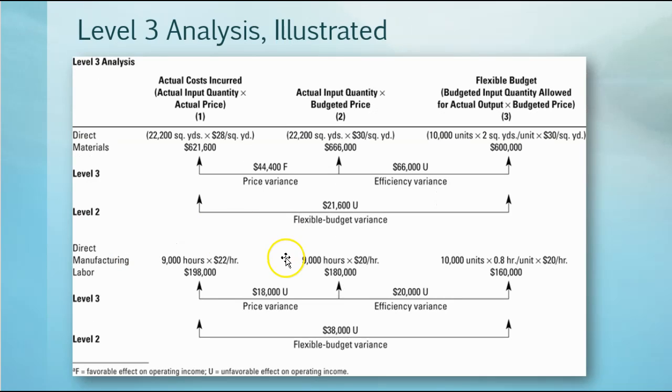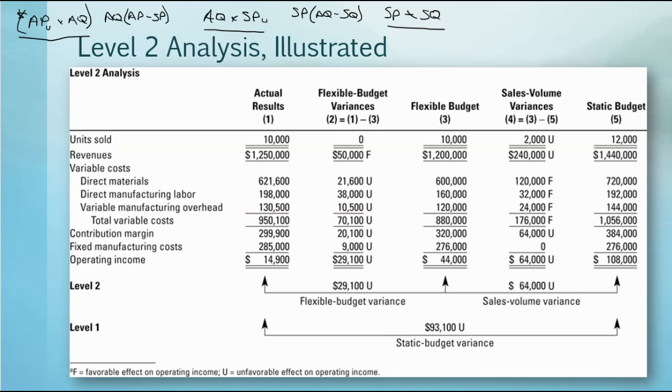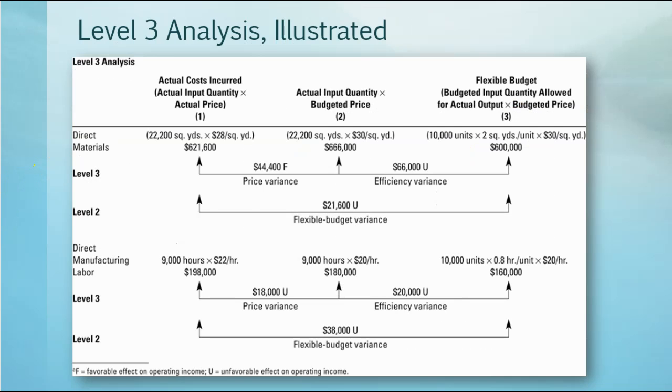Now here's level 3, and level 3 takes the level 2 variance apart. Here's level 2, and it takes apart this actual to flexible. This is where we are now. It leaves out the static budget. So let's go back here.